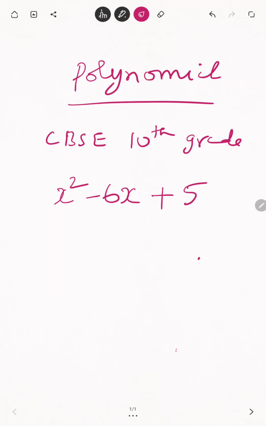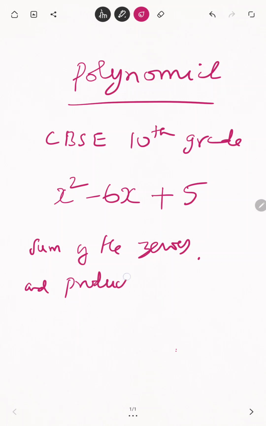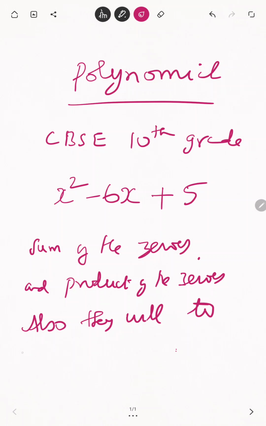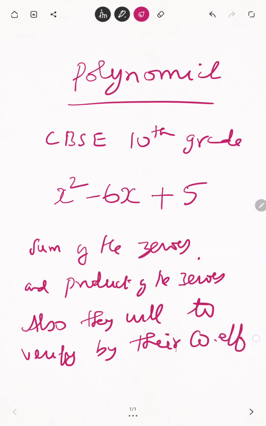They are asking you to find the sum of the zeros and the product of the zeros. Also, they will ask you to verify this by the coefficients.